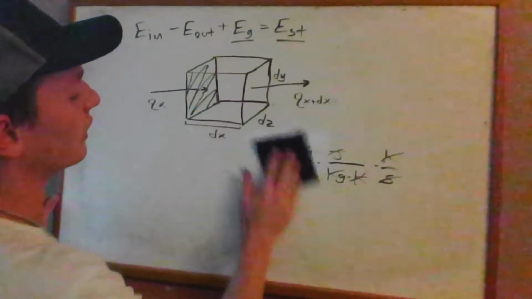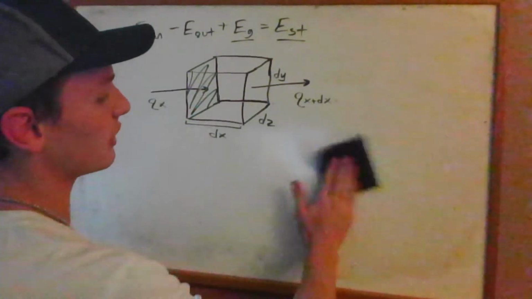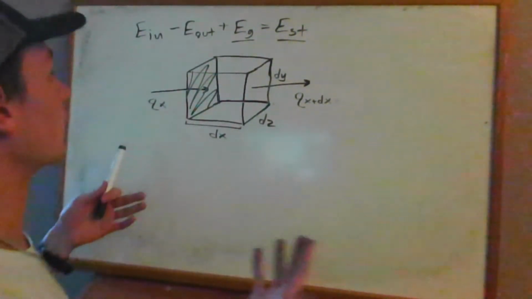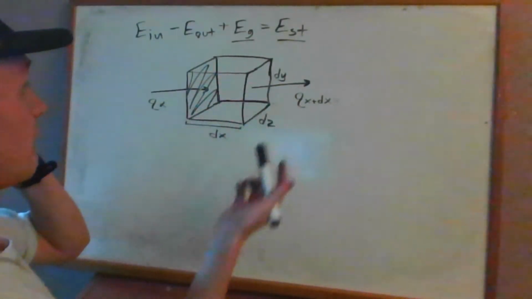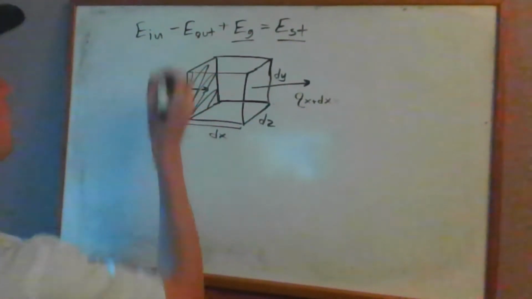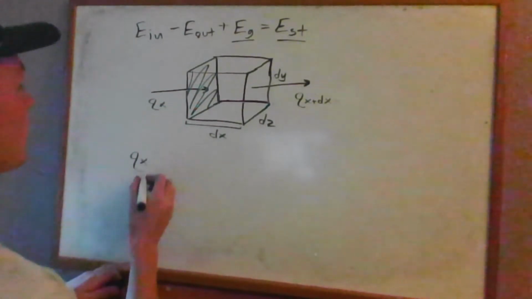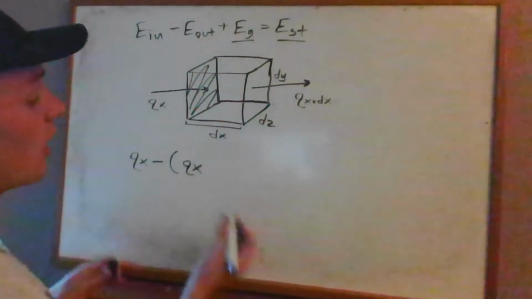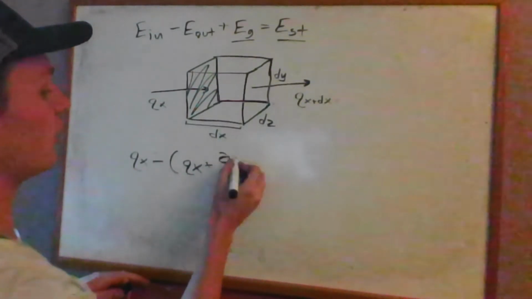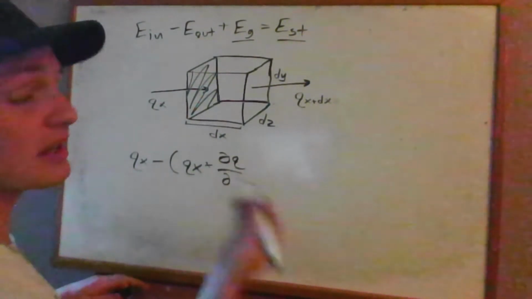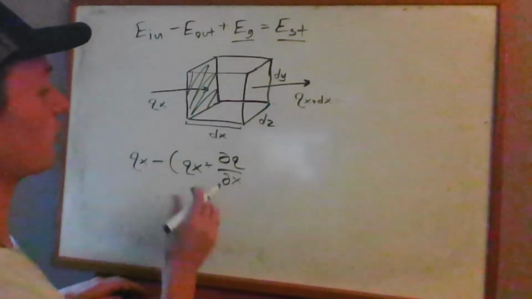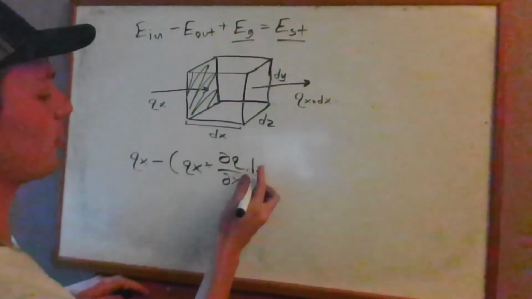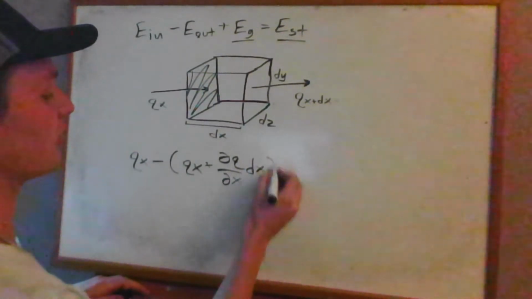So let's put this all together. We have our equations. We can actually write the heat diffusion equation for the Cartesian coordinate system we have on the board here. So the energy going in is Q sub x. The energy leaving is Q sub x as well, plus this term where we account for how the heat flow may change with respect to position. Of course, we multiply that by the differential change in our position.